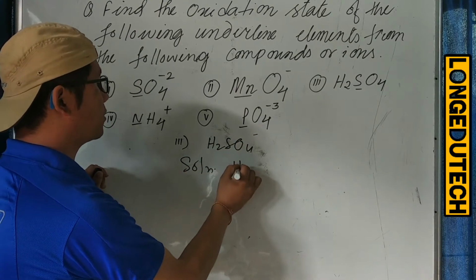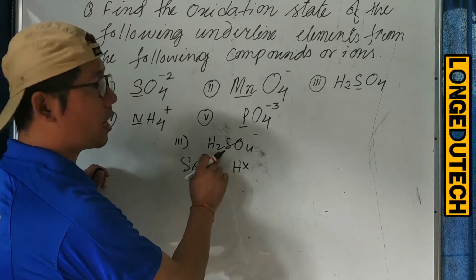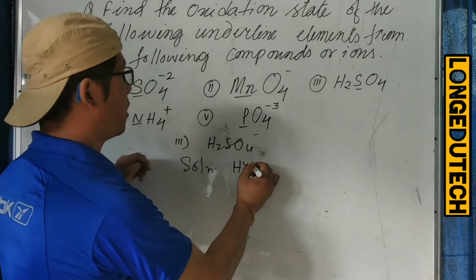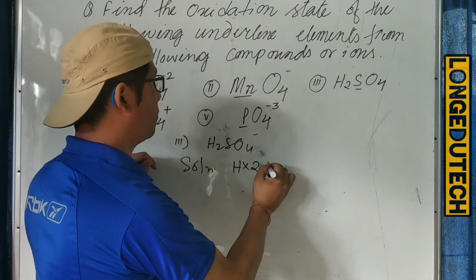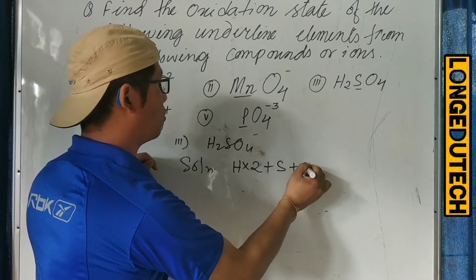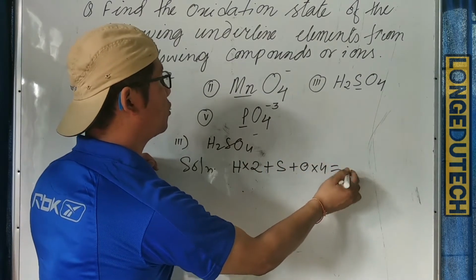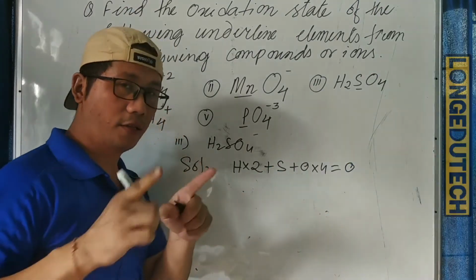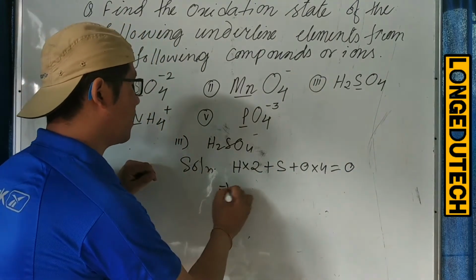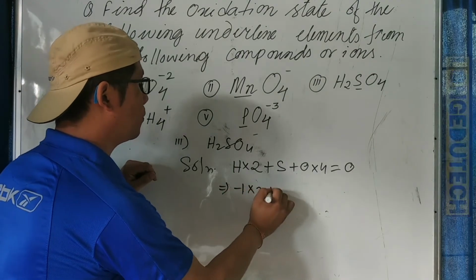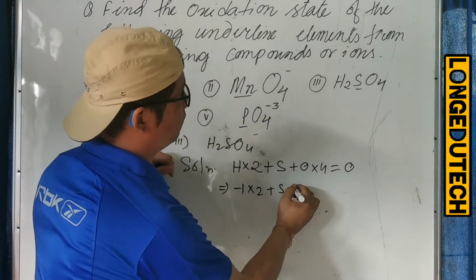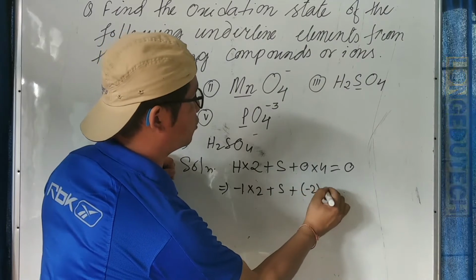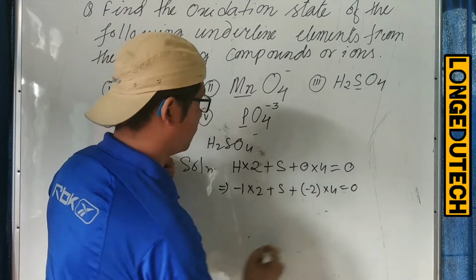There is the hydrogen; this 2 belongs to hydrogen, so it's 1 into 2, plus sulfur, plus O into 4, is equal to how much will we write? This is neutral, so we will put 0. Hydrogen, its valency is plus 1 into 2, plus sulfur, plus oxygen, as you know, that is minus 2 into 4, is equal to 0.